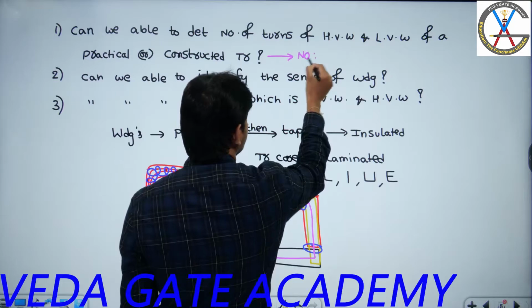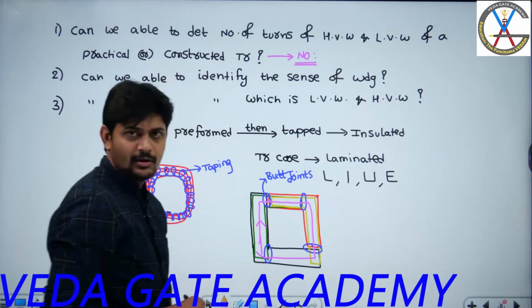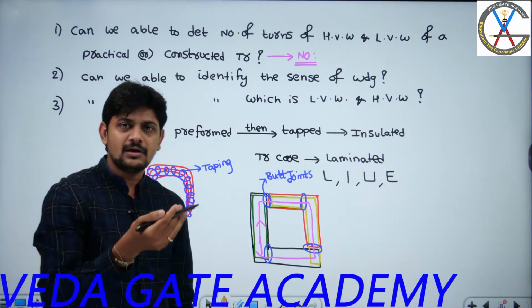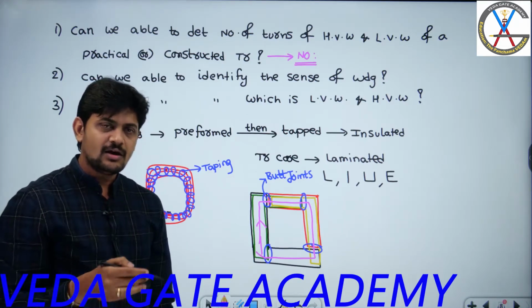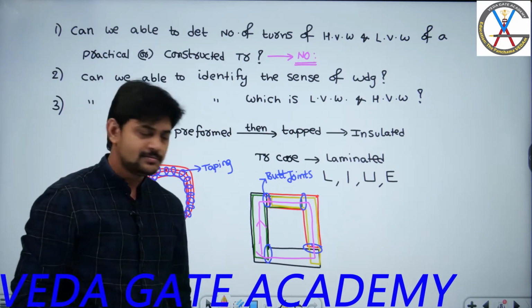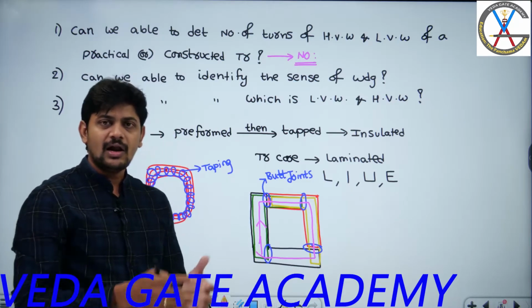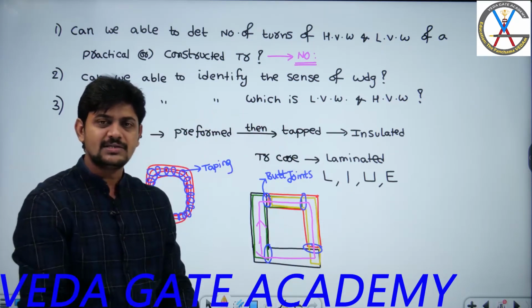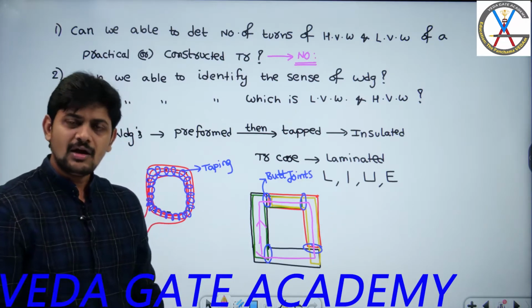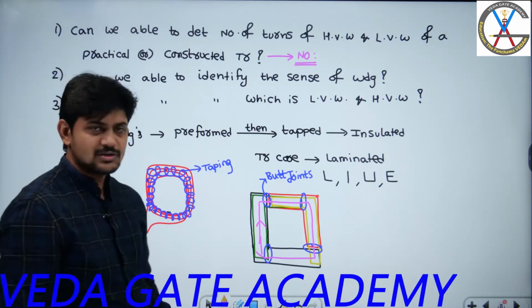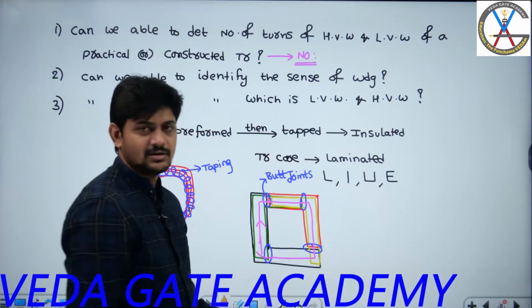No. Answer is no. Have you understood this point? Because my winding is completely preformed as well as taped and insulated, and they are inserted in this particular transformer core, and around this transformer core we conceal these entire things with the transformer tank. Even if you remove the transformer tank, you are not going to identify the exact number of turns.